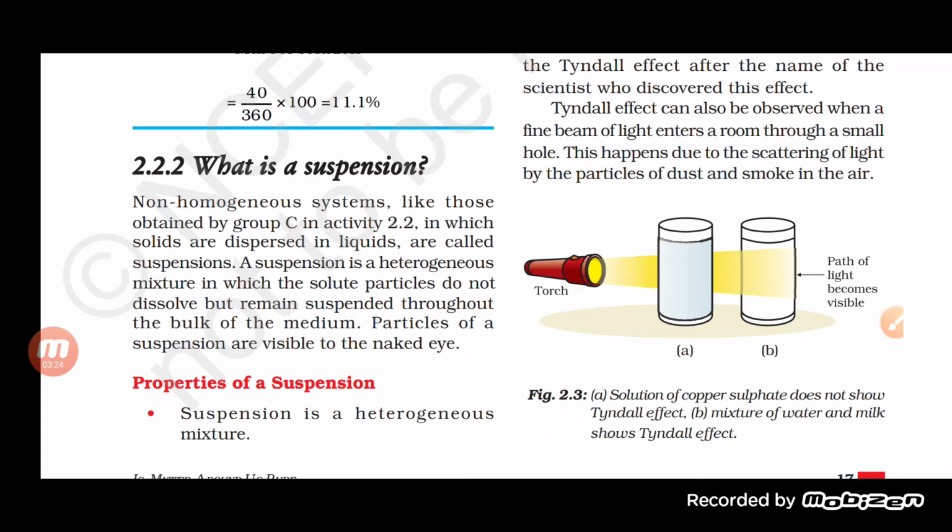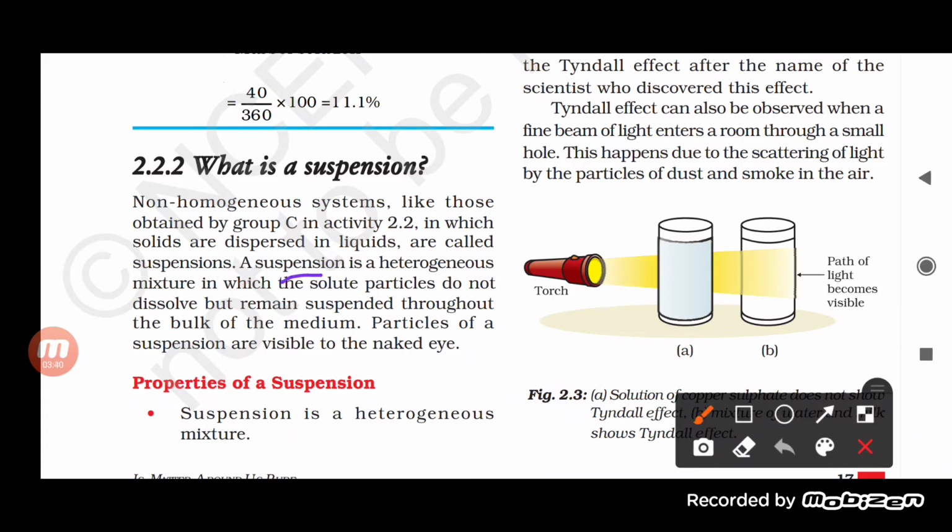Let us see what a suspension is. Non-homogeneous systems like those obtained in group C in activity 2.2. So in case of a suspension, students, what is a suspension? A suspension is a heterogeneous mixture in which the solute particles do not dissolve but remain suspended throughout the bulk of the medium.